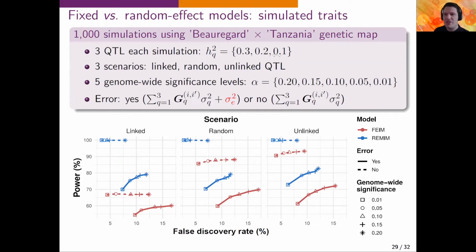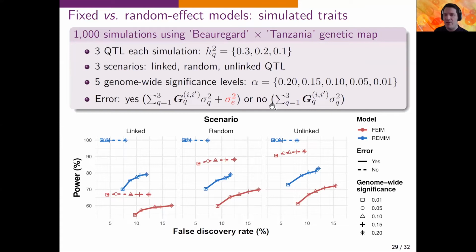The QTL were distributed along the linkage map under 3 different scenarios. We either forced at least 2 QTL to be linked, or all of them to be unlinked in the 2 extreme scenarios. And the third scenario let the QTL be allocated randomly. So the QTL could be linked or not.